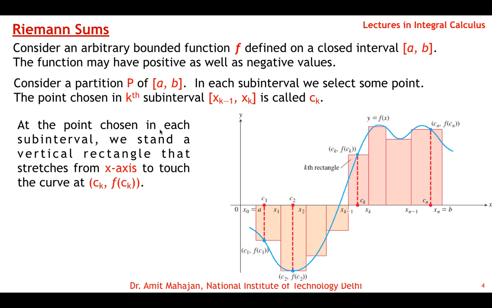At the point chosen in each subinterval, we stand a vertical rectangle that stretches from the x-axis to touch the curve at ck. Okay. So at the chosen point c1, we calculate the corresponding function value on the curve, which is (c1, f(c1)), and with this height we draw a rectangle with the width of the subinterval x0 to x1. Similarly, with the point c2, we see where the function value is, which is (c2, f(c2)), and with this height we draw a rectangle with the width delta x2, okay.